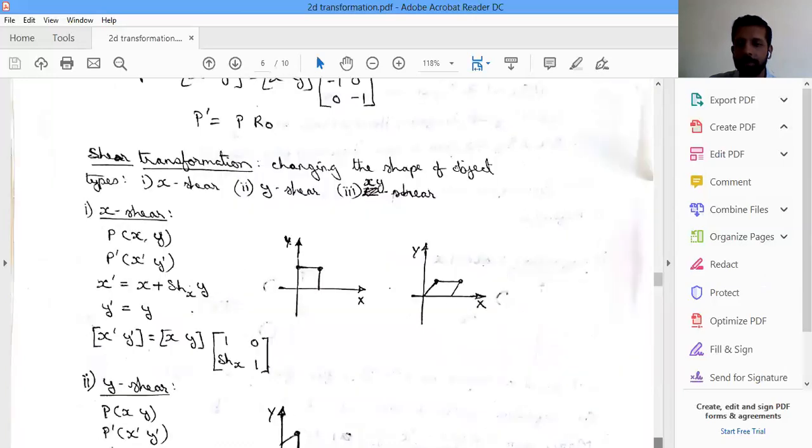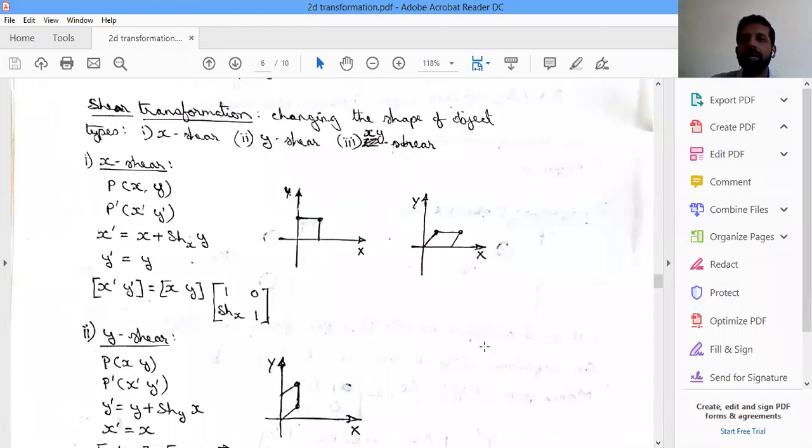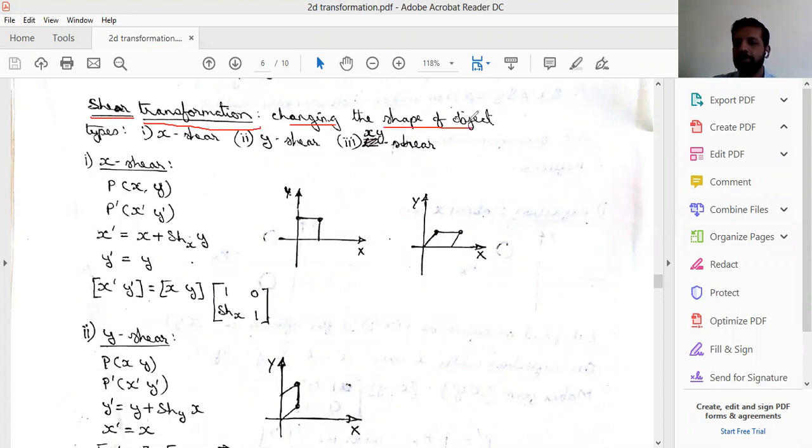The other type of transformation is the shear transformation. So one is reflection, the other one is shear transformation. So what is this shear transformation? There is going to be a change in the shape of the object. Dimensions will not change, but the object shape will change.